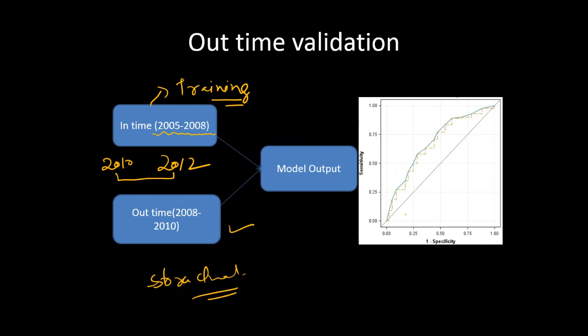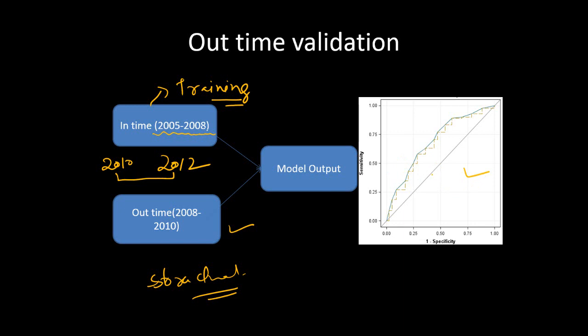So you take the performance measure of these two time periods and try to see whether they are similar, whether they are close by, or very close to each other. If it is fine, then you ensure that the validation is perfect, and you can always implement this model.